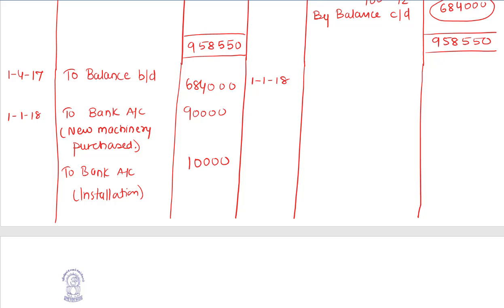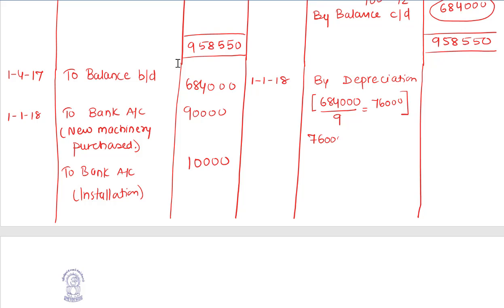So we need to calculate depreciation. We will write by depreciation account. We need to calculate depreciation for one machine. 6,84,000 is the value for 9 machines, so 6,84,000 divided by 9 machines equals 76,000. This is the value of one machine.